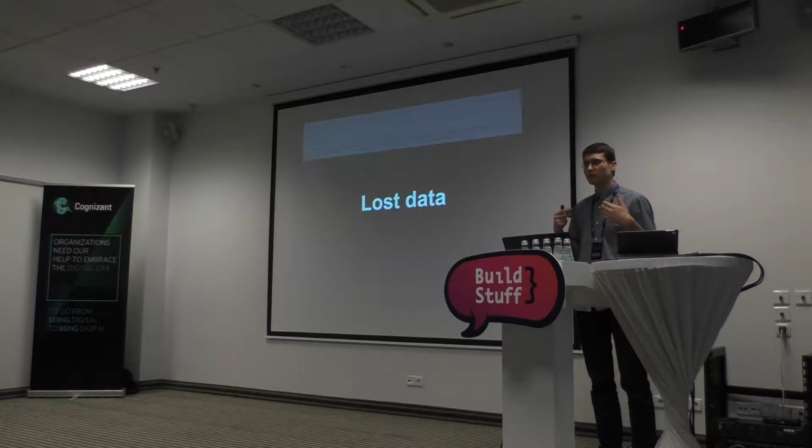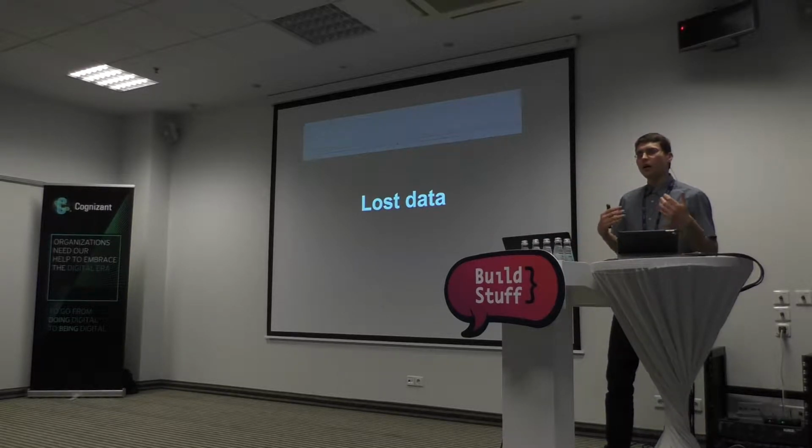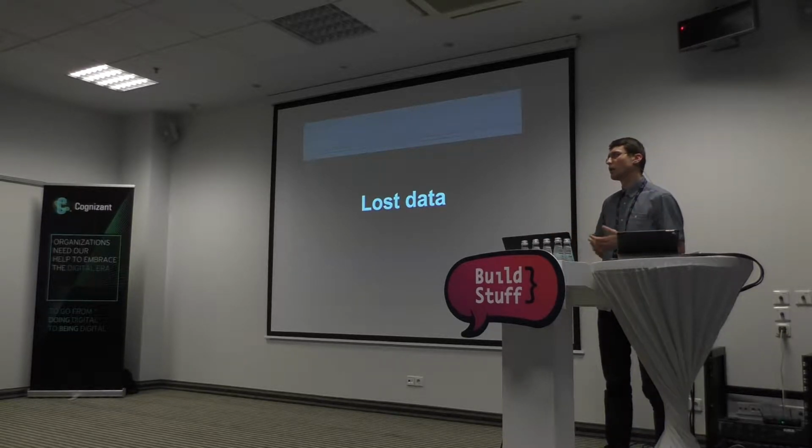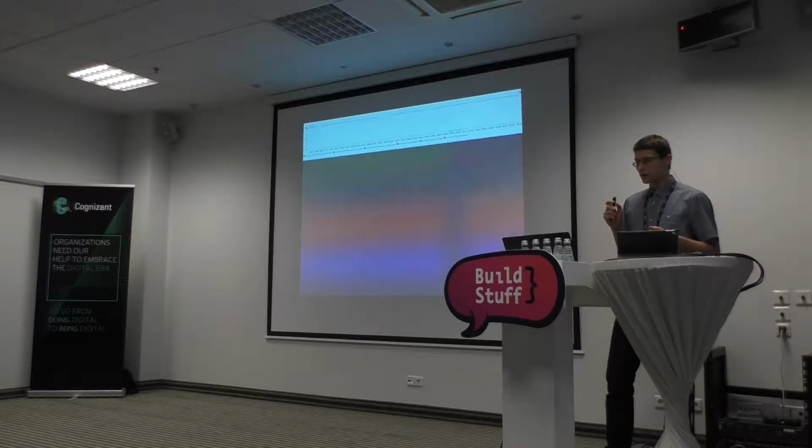The first one is that you can lose the data, because for real-time metrics to work, they usually store everything in random access memory and not on a hard drive or any other more reliable source. You can see an example from CloudWatch.